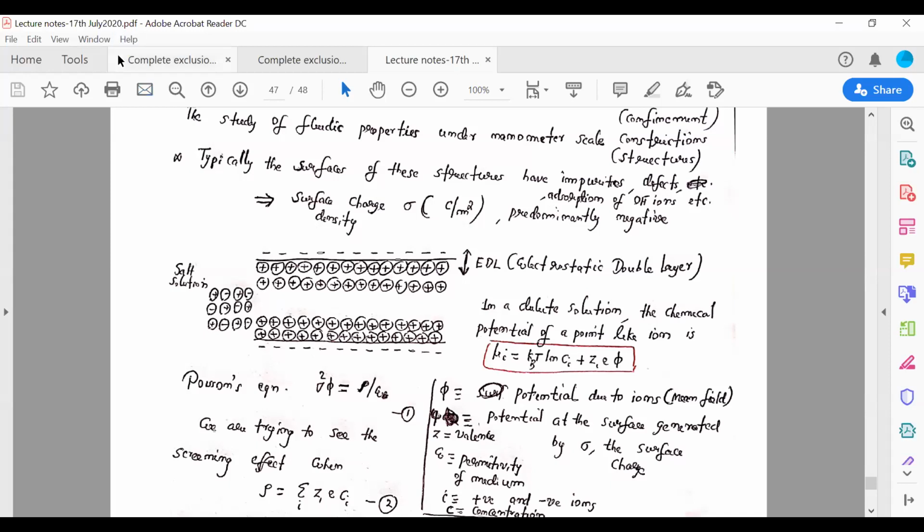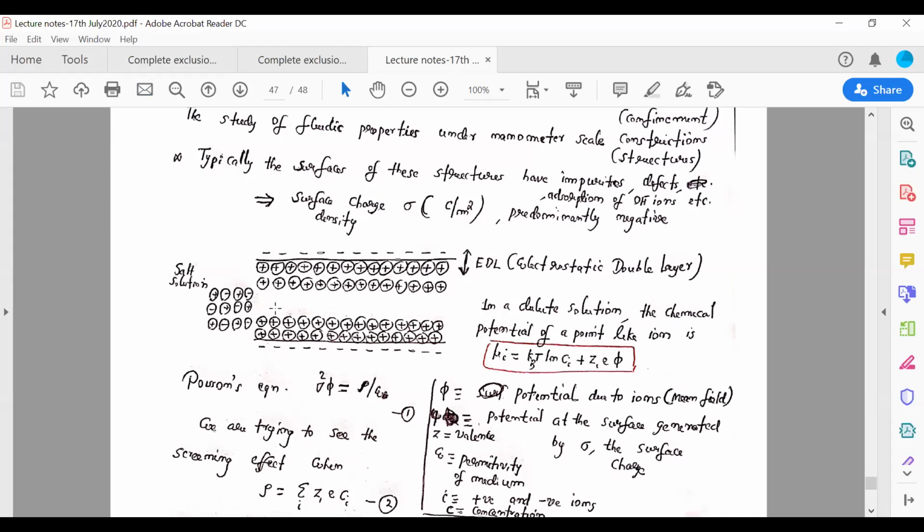So that is what is happening here. All the positive ions are attracted, and they try to screen the negative charges. So you have more positive ions to screen. It all depends on how strong the surface charge is.